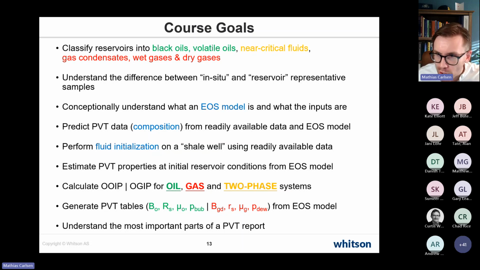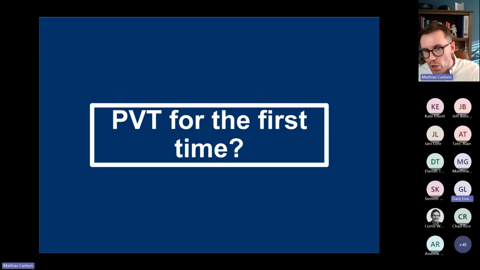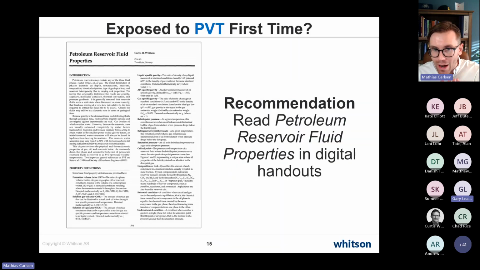Especially if you've never done a lot of PVT in the past, in the preparation material we sent out a petroleum reservoir fluid properties document. It's 3 pages long, and it was actually something that Curtis wrote in the early 90s for AAPG, I think primarily for the geologists.